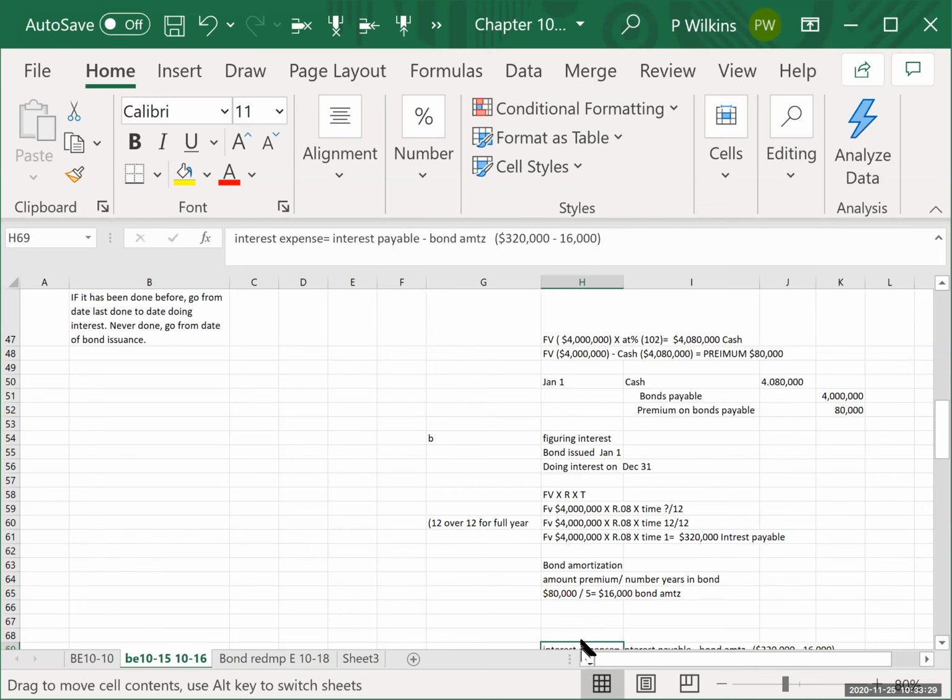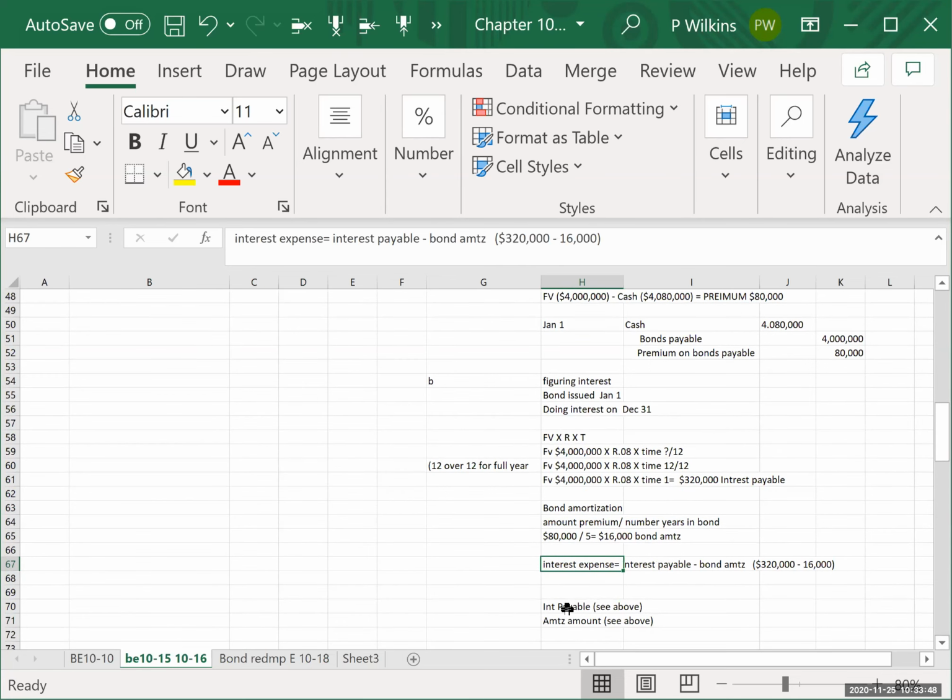Now, when it is a premium, your interest expense is going to be the interest payable amount minus the bond amortization. When it's a discount, you're going to add it to your bonds payable. When it's a premium, you're going to subtract it, all right?